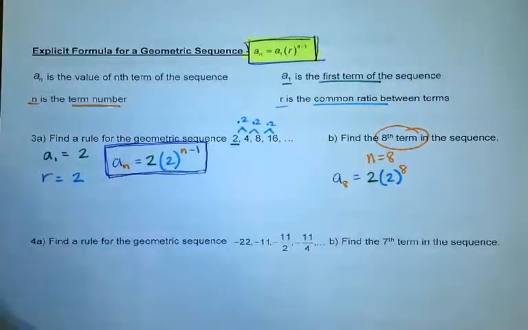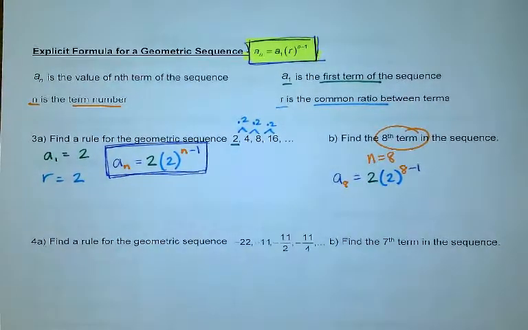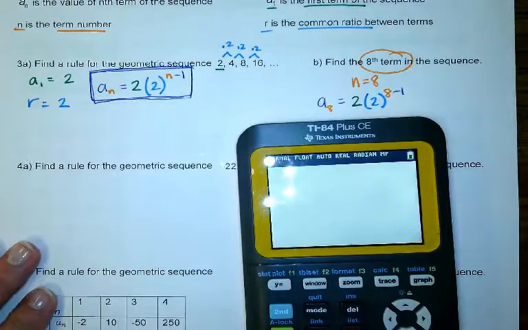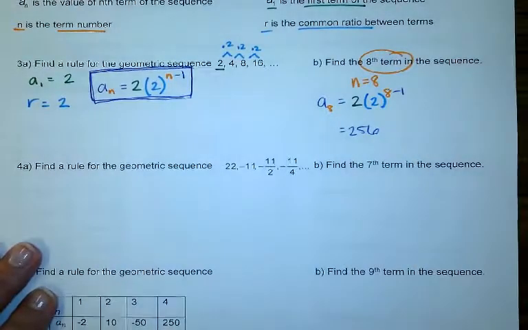Alright, guys? So then next, you can just plug that directly into your calculator. You could say 2 parentheses 2 raised up to the 8 minus 1, and we would get 256. Okay? So my a sub 8 is equal to 256.